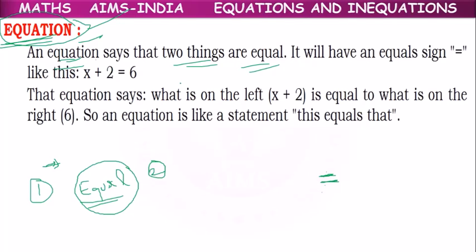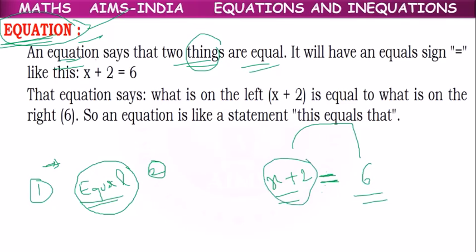But in mathematics, two things means we can compare one mathematical sentence whether it is equal to another mathematical sentence or not. This mathematical sentence may consist of variables, mathematical operators and numerals, or it may contain only numerals.